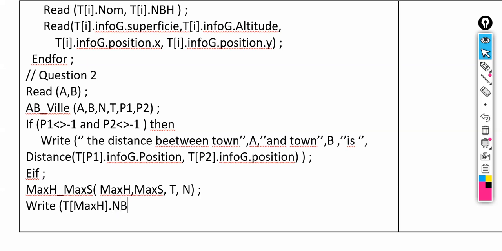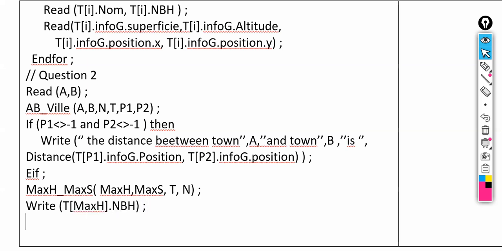That's it. The number of the inhabitants of the highest town. I have just found it. I found the highest town using the procedure max H and max S. And how to display the position, the coordinates of the town of the largest one.